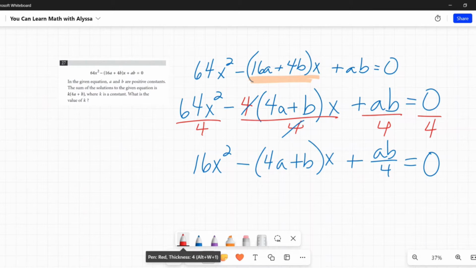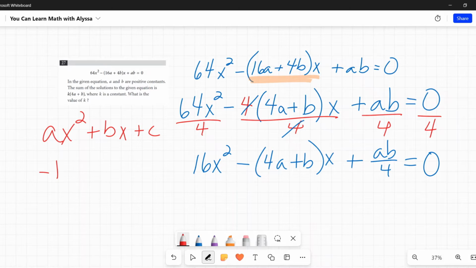So the next part of this eureka thing you want to have is, if we're talking about the sum of the solutions to an equation, what would that look like for just any quadratic equation? For that, we're going to go to the quadratic formula. That is normally written as, if I have ax squared plus bx plus c, then it's negative b plus or minus square root, and it goes on from there.